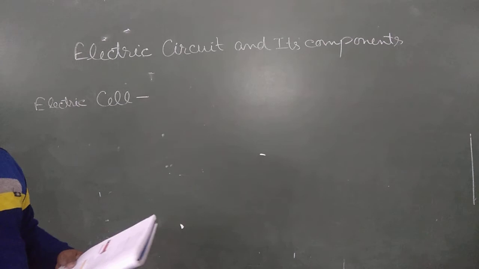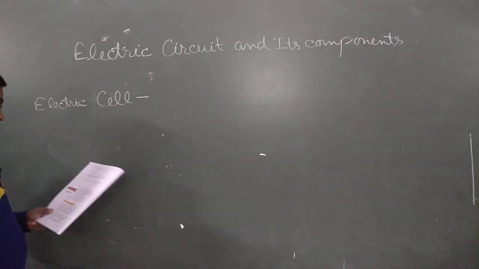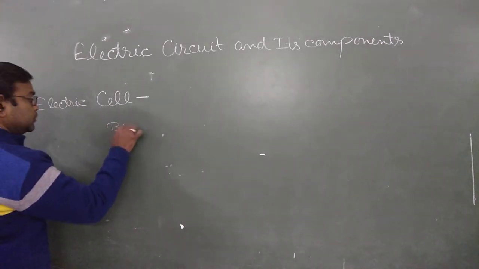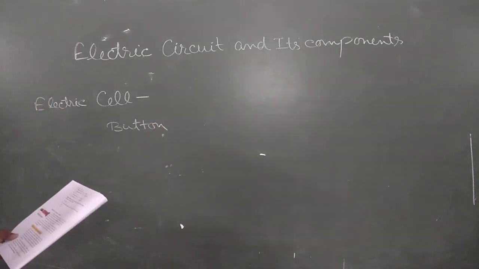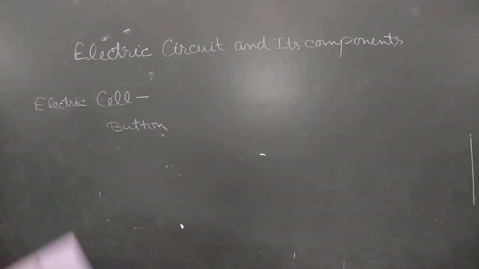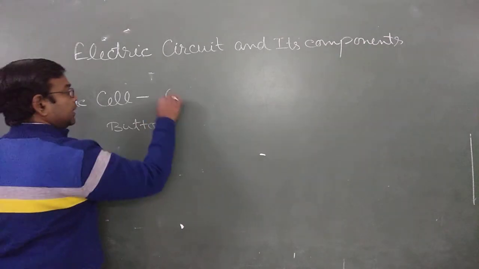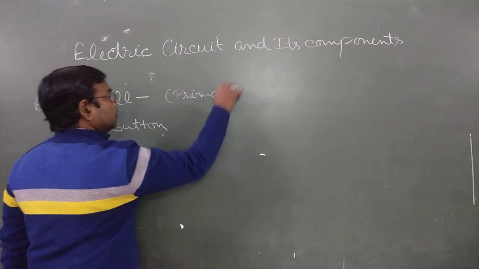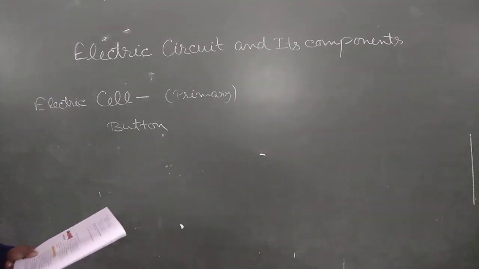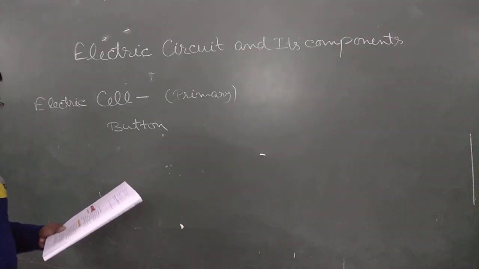These are of different types. Maybe button structure known as your button cell. Clear? These cells are also known as your primary source of electric current or primary cells.